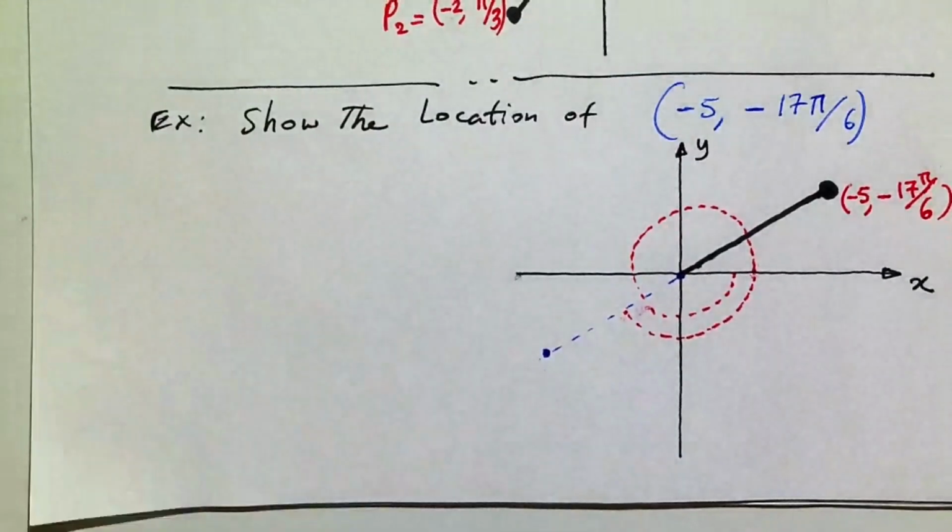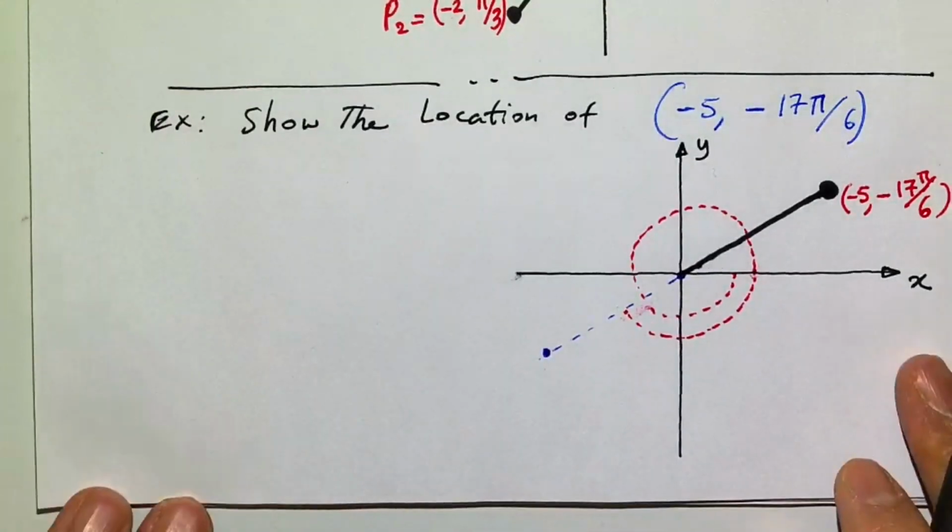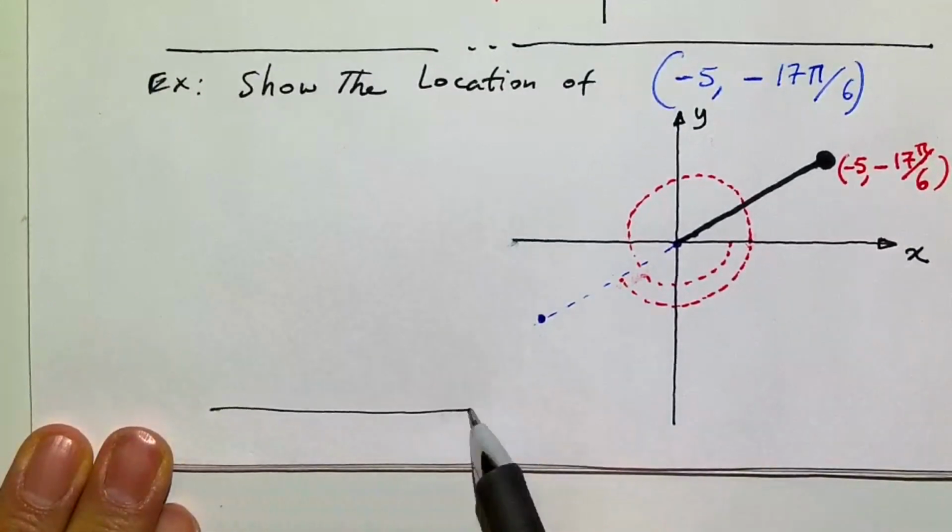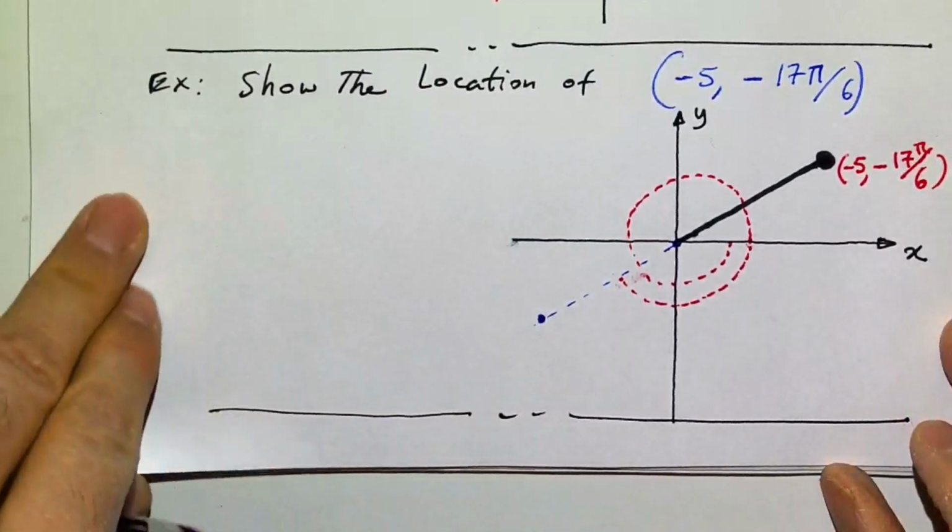Then we have equivalent forms of polar coordinates. Like I said, we did this earlier with the regular locations of angles, such as for sine and cosine.